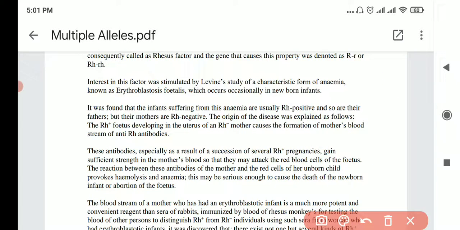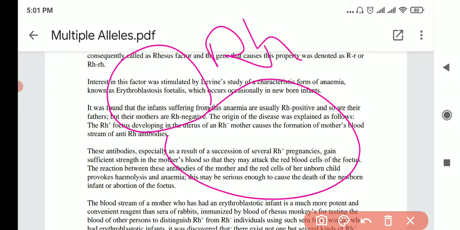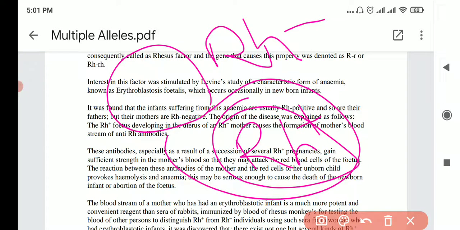If the mother was Rh negative and the baby inside her tummy is Rh positive, what happens is that positive and negative, they do not understand that they are from the same. They think that this Rh positive is a mutant, or a virus, or a bacteria.